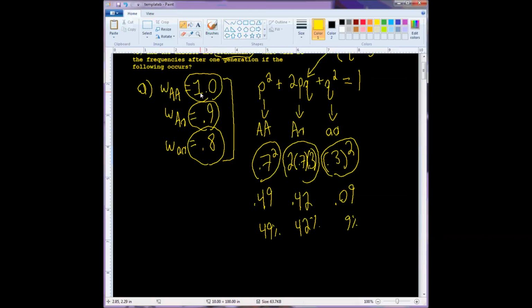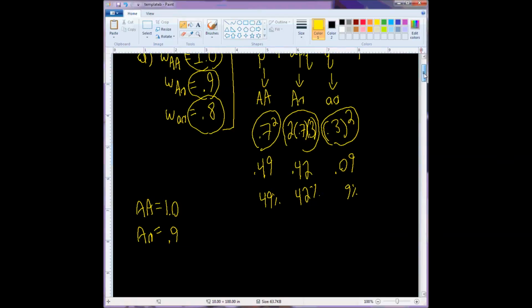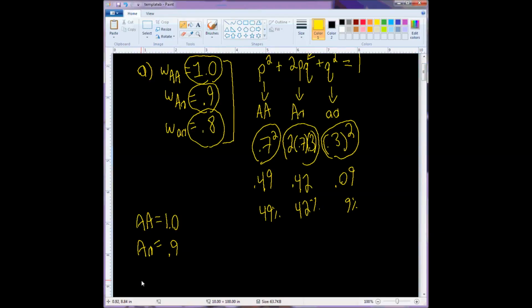So that means out of the AA genotypes, because the fitness level, the omega level, is 1.0, all of them are going to contribute to the next generation, donate alleles to the next generation. For the heterozygotes, only 90%, 0.9, are actually going to contribute gametes to the next generation.